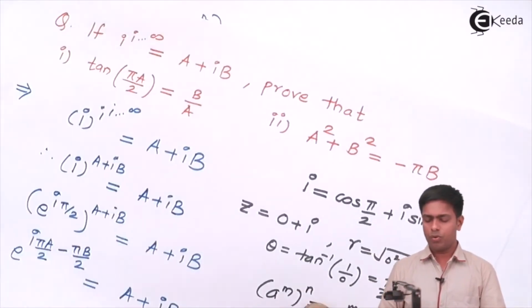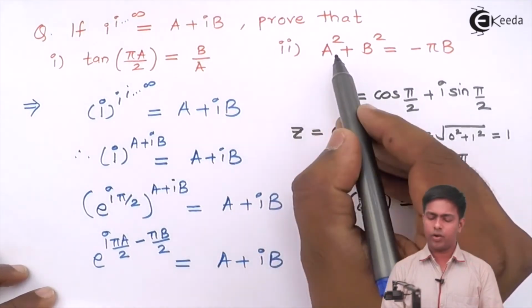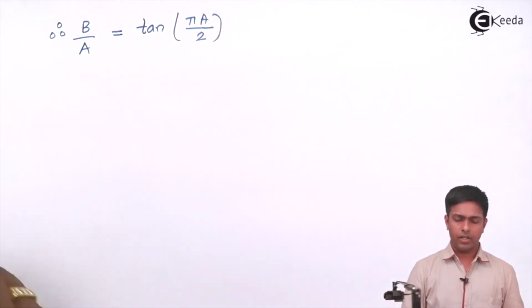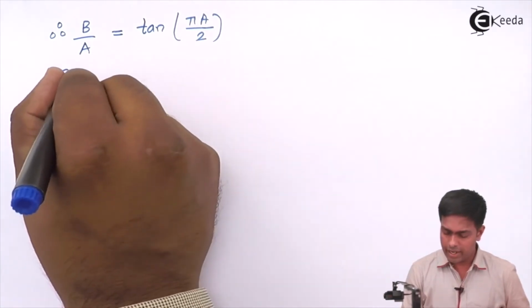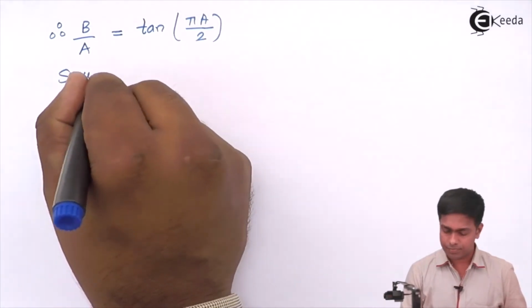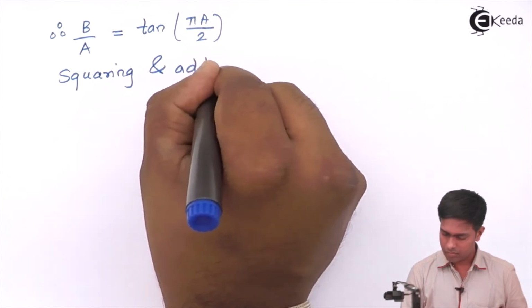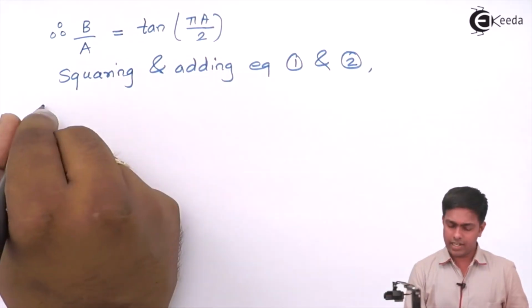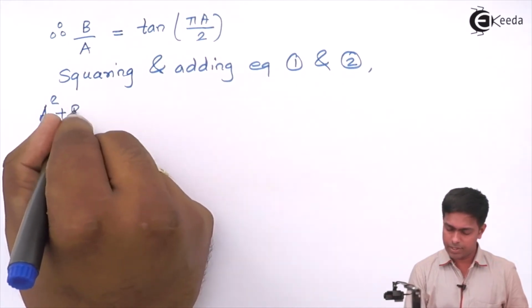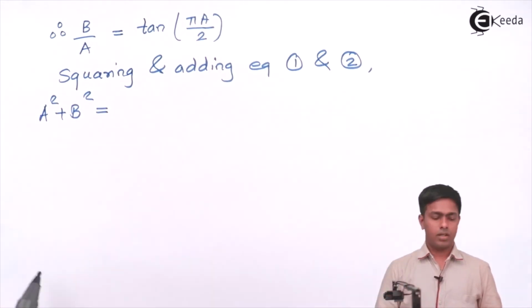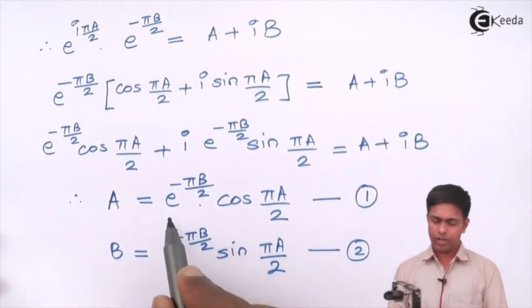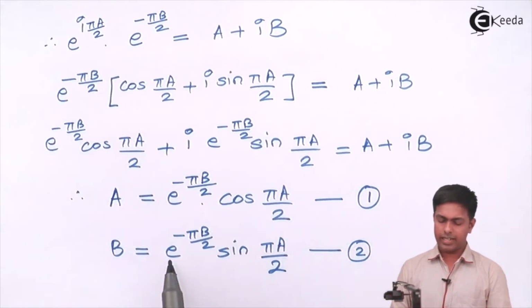Now let's move to the second result, and for that we have to take the square of a and b and then add them. So I'll say squaring and adding equation number 1 and 2. Here the left hand side will be a square plus b square. Let's see the right hand side. First of all, let's find the square of this and again the square of this.